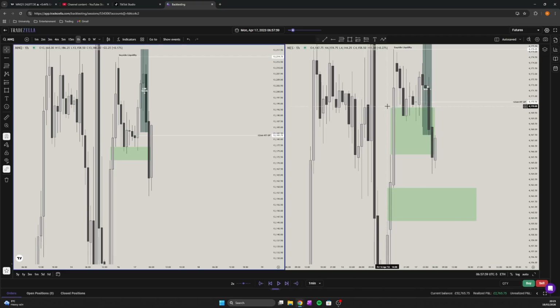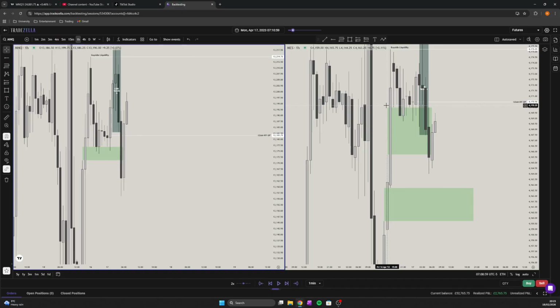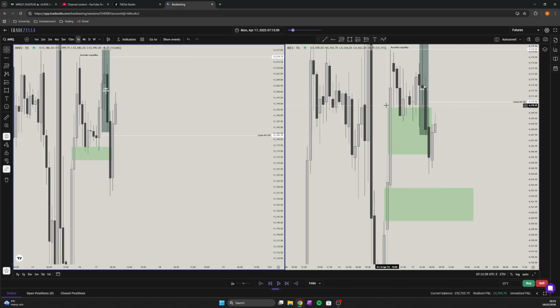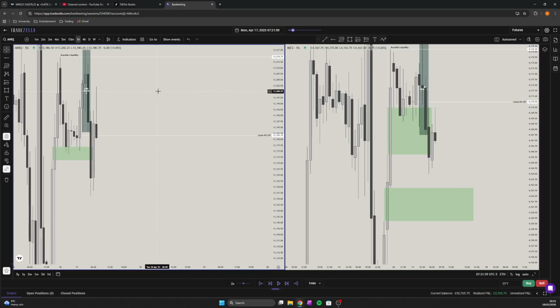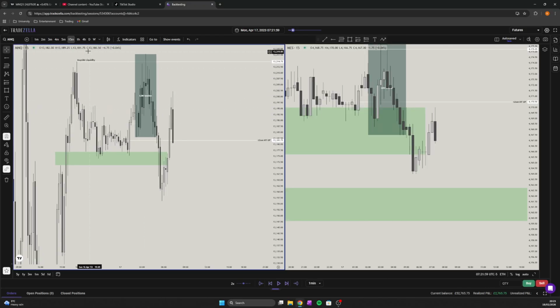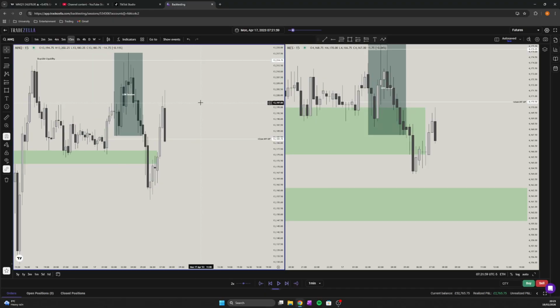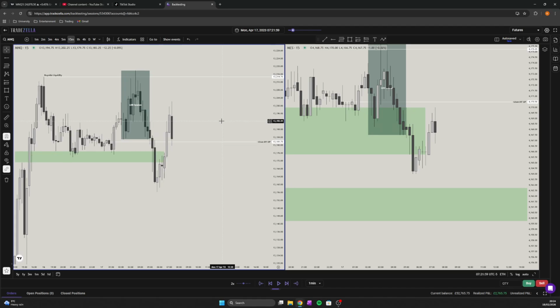No hourly gap. Small hourly gap. Okay, this is very weird. We get the sweep. Do we get a 15-minute change in the state of delivery? We do.